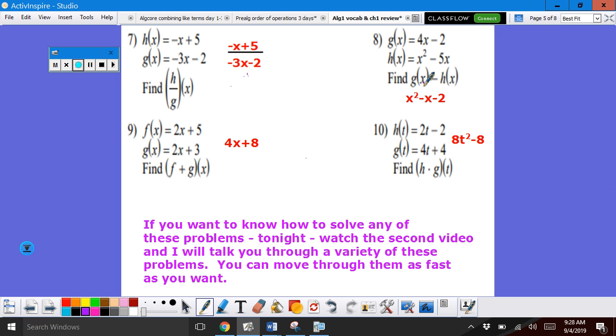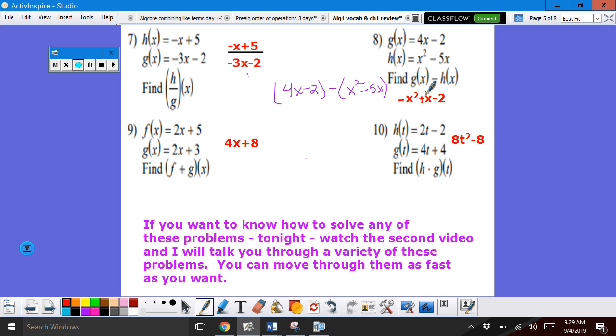This one wants me to take g of x minus h of x. So I have 4x minus 2 minus x squared minus 5x. And let me get a negative here. We lost a negative on that guy. Looks like I got sign issues there.